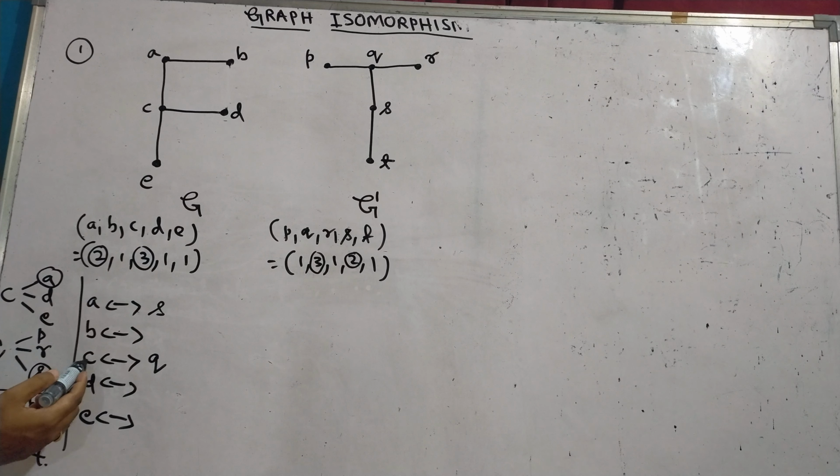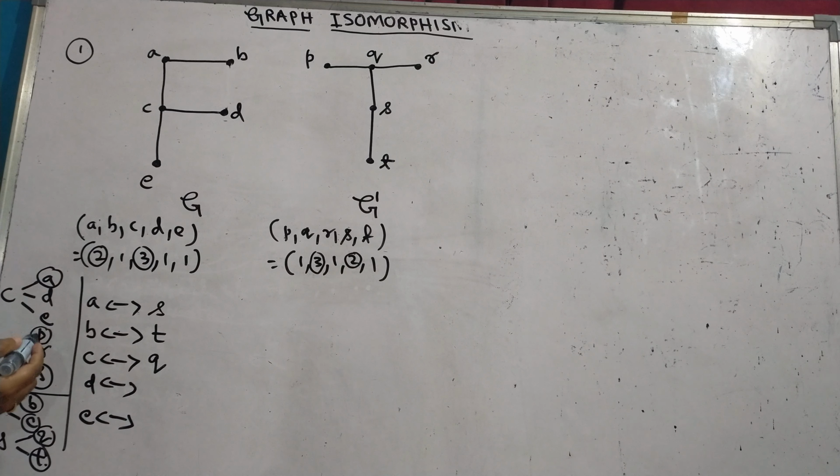Here C is already mapped with Q. The only remaining vertices are B and T, so we map B to T. Now we have the vertices D as well as E, and the vertices P and R remaining.